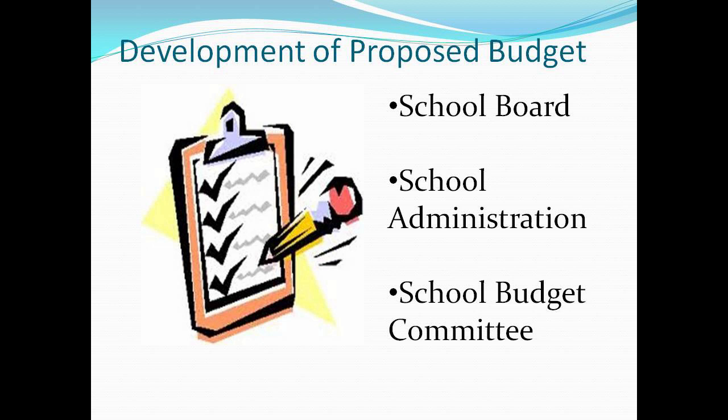The school board reviews the proposal and makes its recommendations to the budget committee. The budget committee reviews the school board recommendation, historical data, and the superintendent's proposal and prepares and presents a proposed budget for the voters at a public hearing in January. Following voter input from the hearing, the budget committee finalizes its budget proposal.